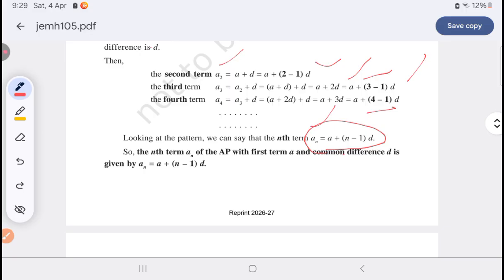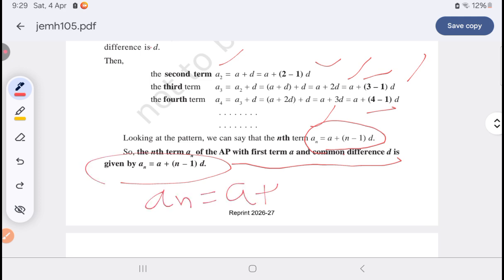If the nth term is a(n), the AP's first term is a and the common difference is d, you can write a(n) equal to a plus n minus 1 d. It is the nth term of this series. If you know the first term and the difference, and you want to know, let us say, the fifth term, sixth term, or 100th term, you can find it from this formula.